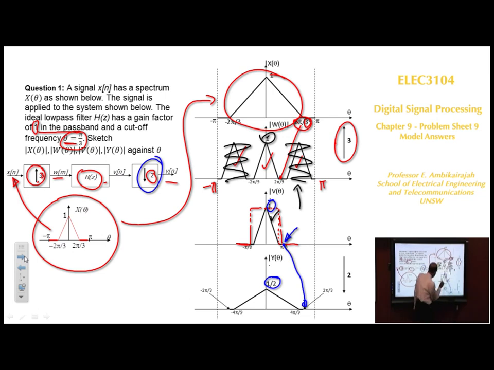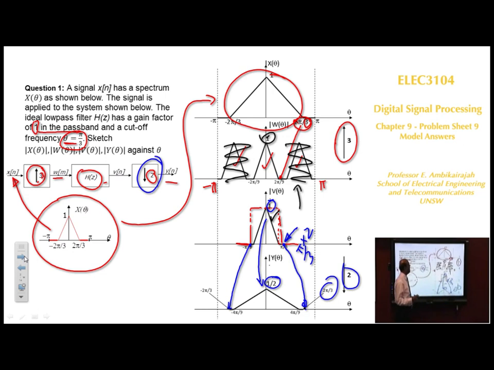So the spectrum stretches when you downsample by 2, and the gain is reduced by half. Pi over 3 multiplied by 2 will become 2 pi over 3 here, and the same thing here. So it's just the spectrum stretched.